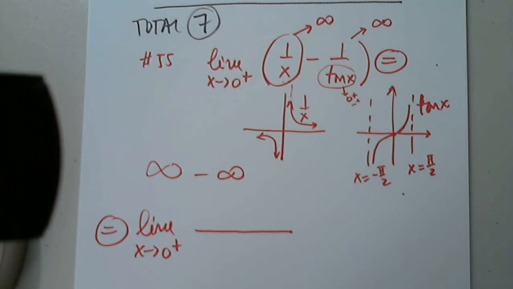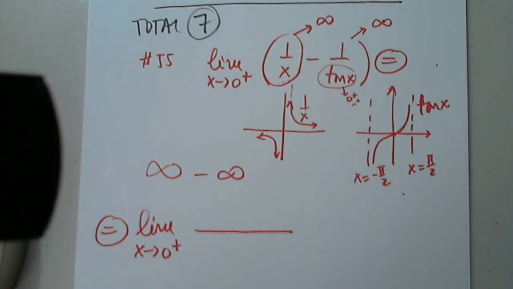So in y equals, put tangent x in parentheses, and put the power of negative 1 on it. That's what 1 over tangent means.